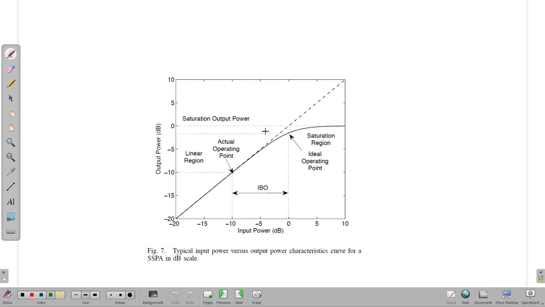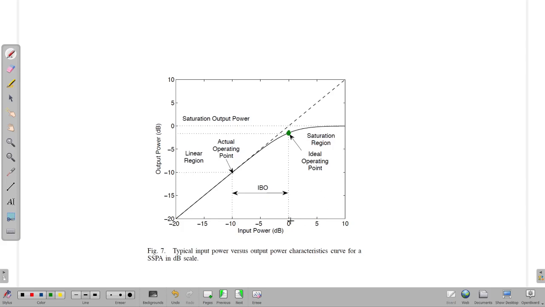We want the power amplifier to give maximum output. You can see a point here, which is marked as the ideal operating point. Beyond that point the characteristic shifts to non-linear. If it was linear, it should have followed this dotted line, but after this ideal operating point, the output of the power amplifier becomes non-linear.